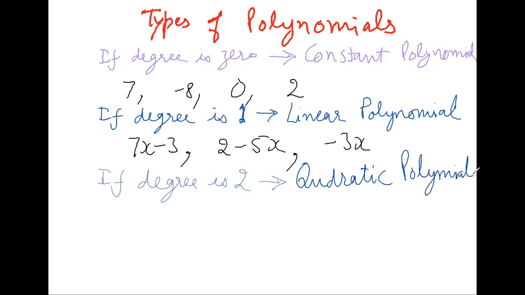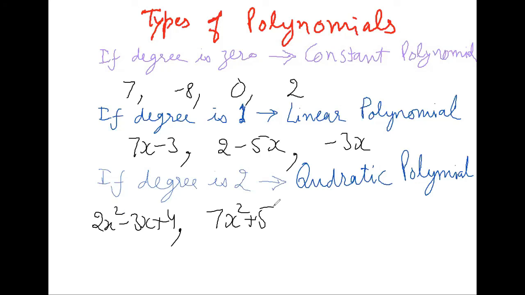Okay, let us take some examples. For example, 2x square minus 3x plus 4. See, here the highest power of x is 2. Here the degree is 2. Hence, this is a quadratic polynomial. For example, 7x square plus 5.